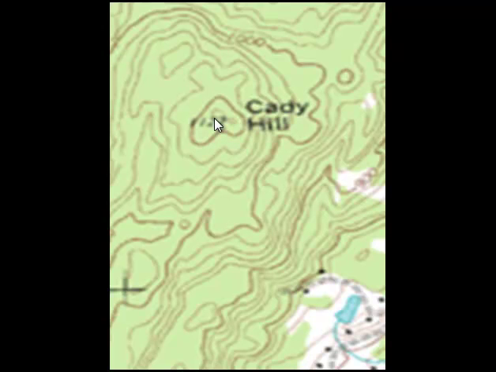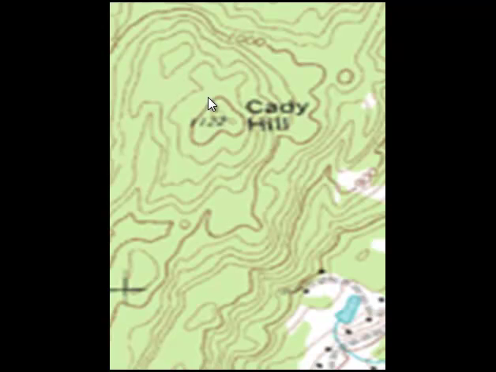Therefore, we have to find out what the contour interval is for Caddy Hill. So what we're going to do is take 1,122 minus 1,000. That leaves us with 122 meters. Now we are going to count the contour lines. We have 1, 2, 3, 4, 5, 6. So we're going to take the 122 and divide it by 6.